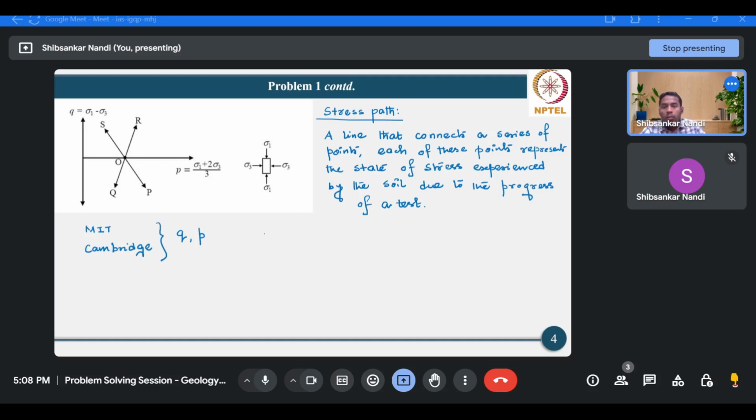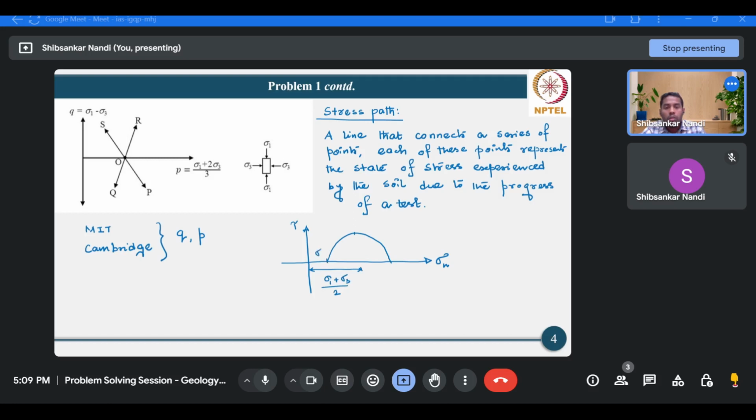Now what is Q? In case of MIT, Q and P are nothing but the coordinates of the top point of a Mohr circle. As you know, the state of stress can be represented by a Mohr circle as well. Suppose this is the top point. This is your sigma 1 plus sigma 3 by 2.